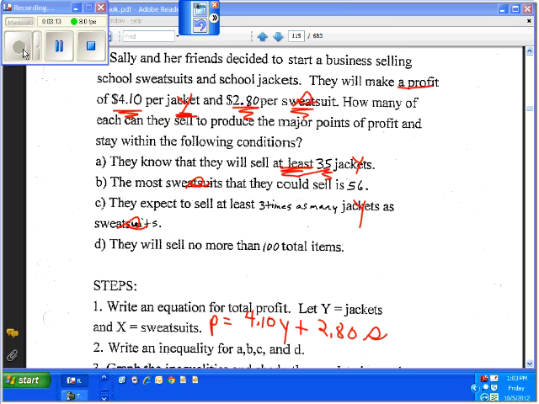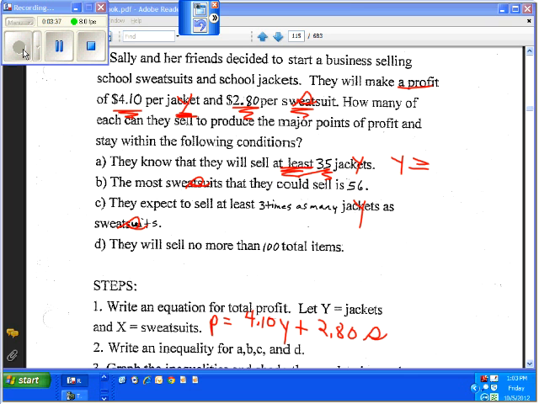Now, how are you going to write an inequality for that? The number of jackets, Y, you understanding that? Will need to be at least. How do you write at least? That much or more. At least means that much or more, which would be greater than or equal to.